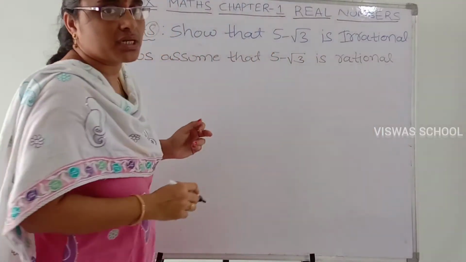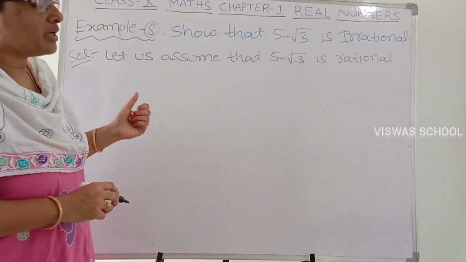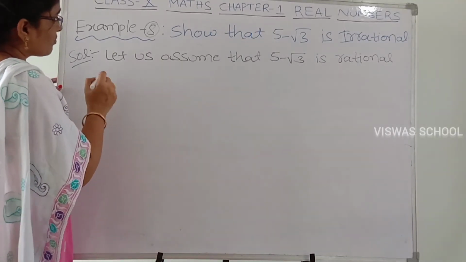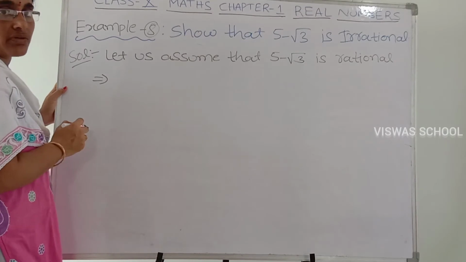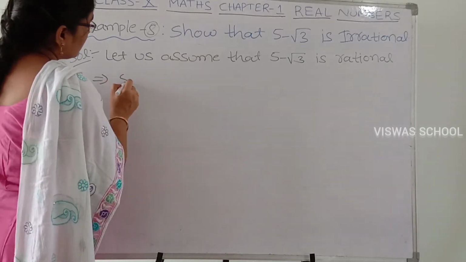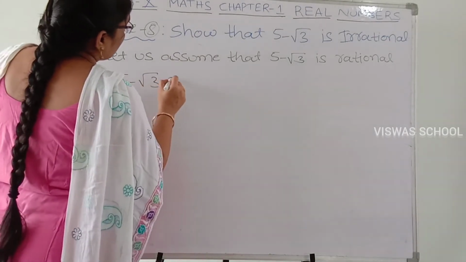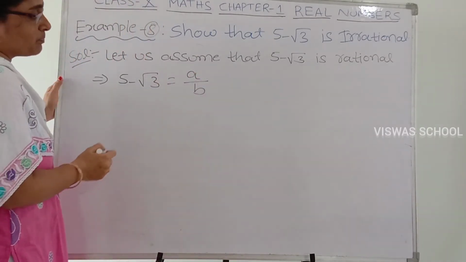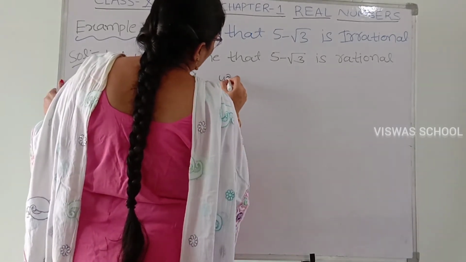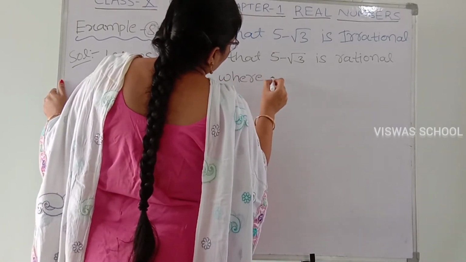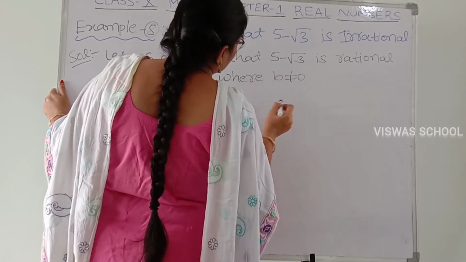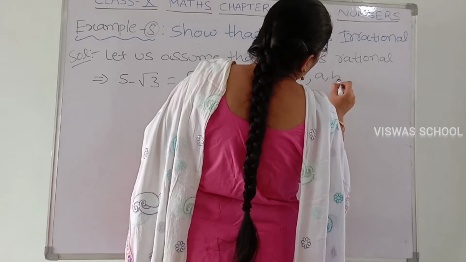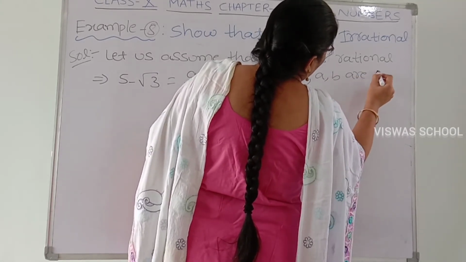If it is rational, then 5 minus root 3 is of the form A by B, that is P by Q form, where B is not equal to 0, and A and B are co-primes.